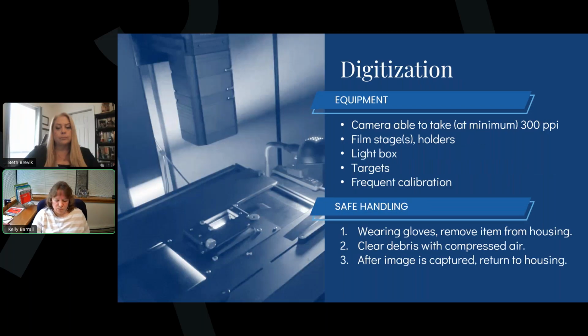We use Phase One cameras ranging from 80 megapixels to 150 megapixels that let us capture up to 5,000 ppi. At minimum, you'll want something that can handle at least 300 ppi. Our setup lets us handle from small film frames up to large glass plates.